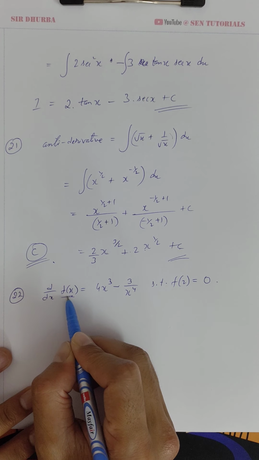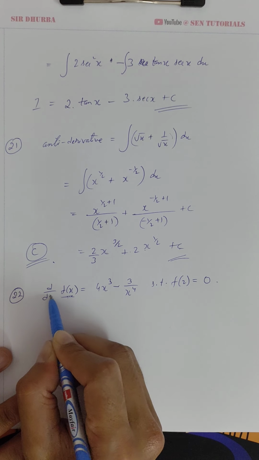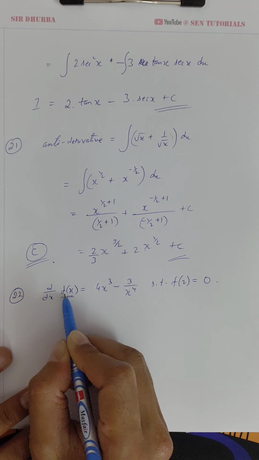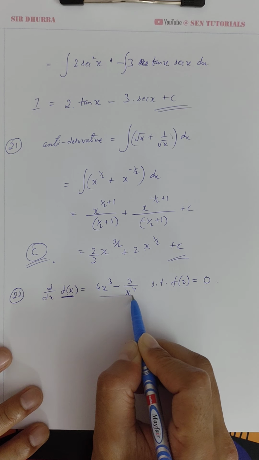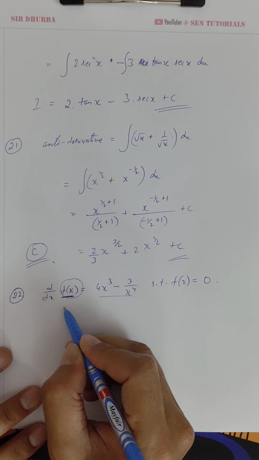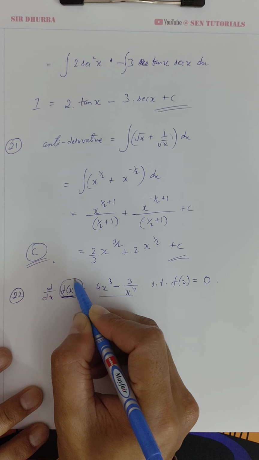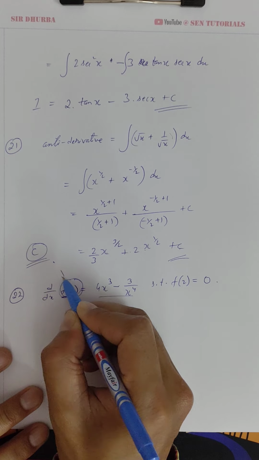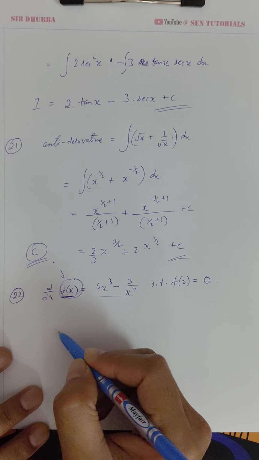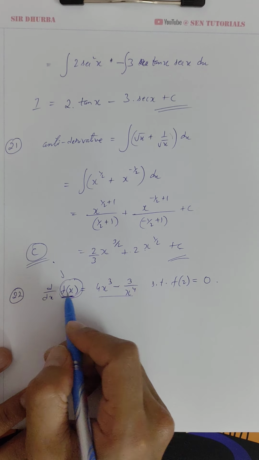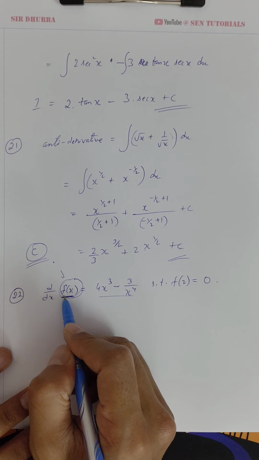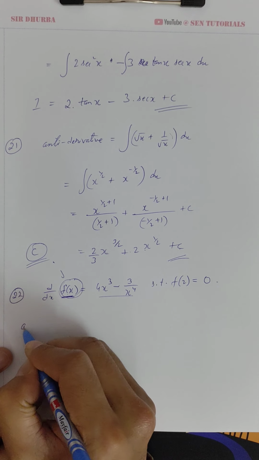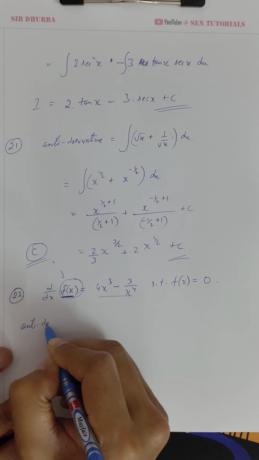Derivative of some function is this, so the question is, find f of x. We have already seen what we do when the derivative is given: you can go for the antiderivative. So we will find out the antiderivative.